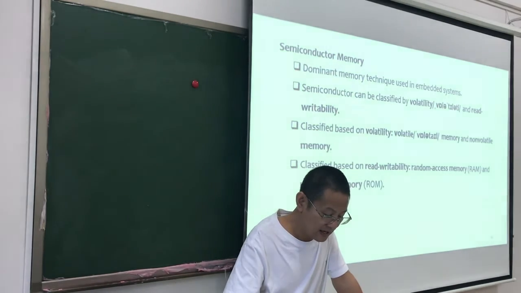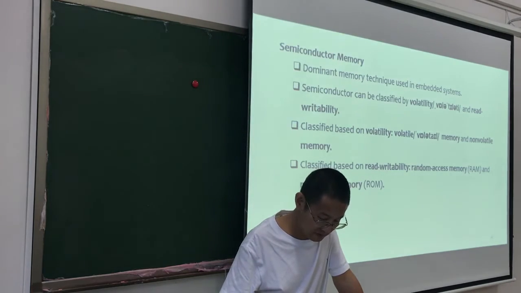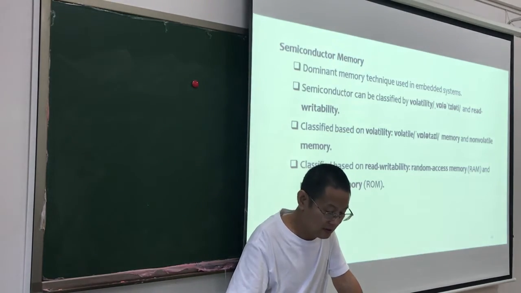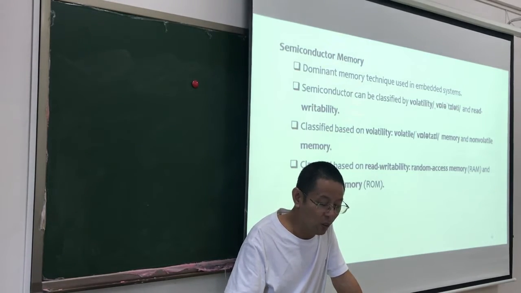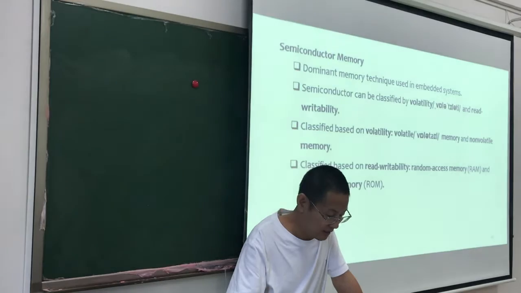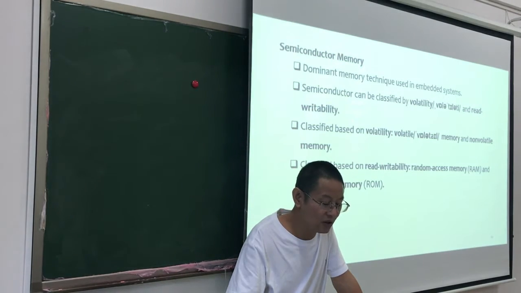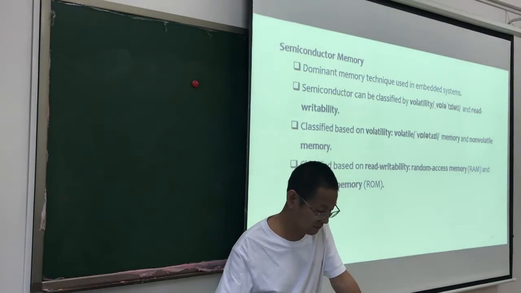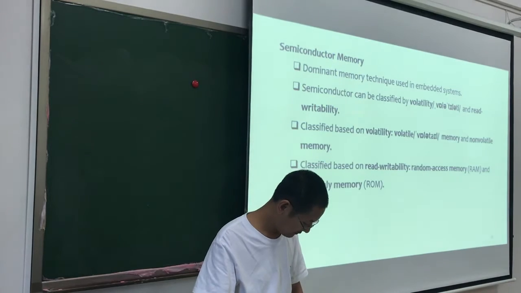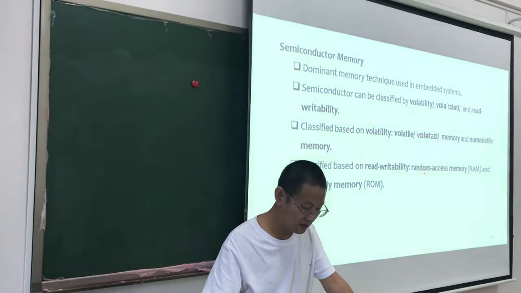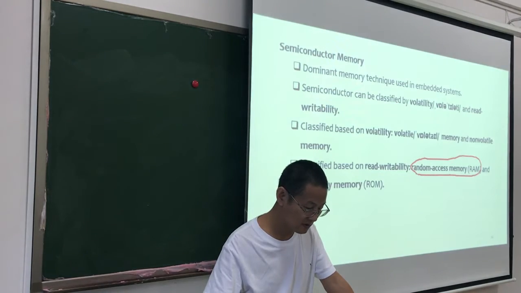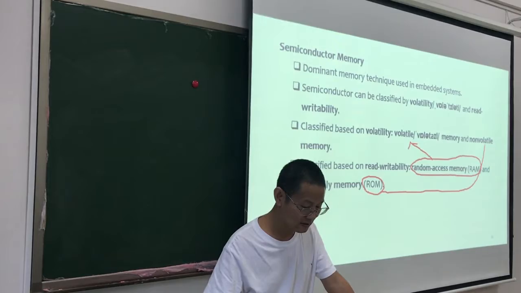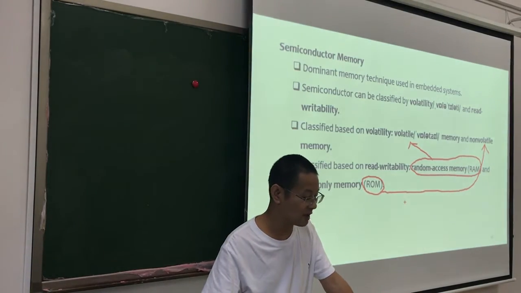RAM, random access memory, is volatile memory. And ROM is non-volatile memory.